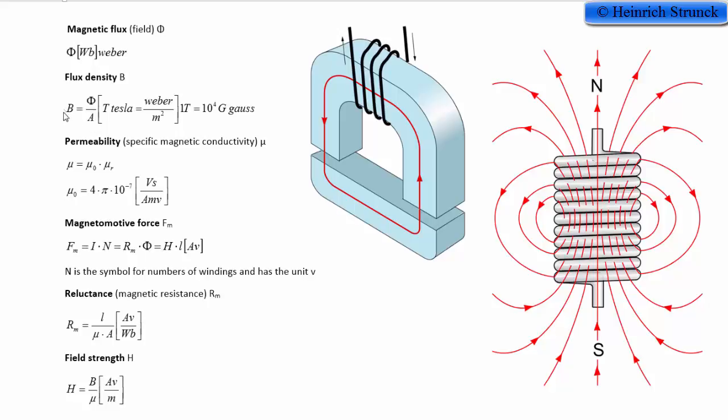The symbol is capital letter B, and the unit is Weber per square meter, and this fraction is called Tesla. Normally we say Tesla, and it has the unit symbol capital letter T. And if you have heard about the unit Gauss, then 1 Tesla is equal to 10 to the power of 4 Gauss.